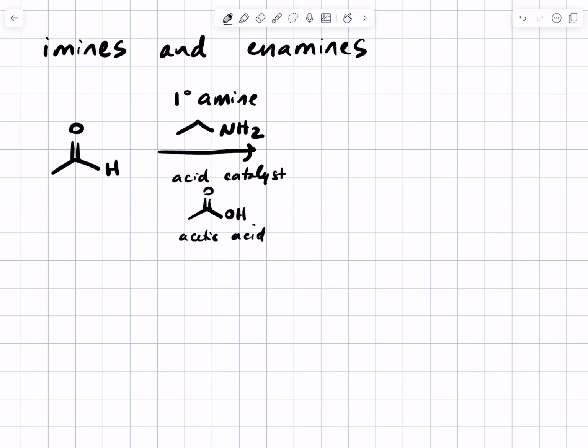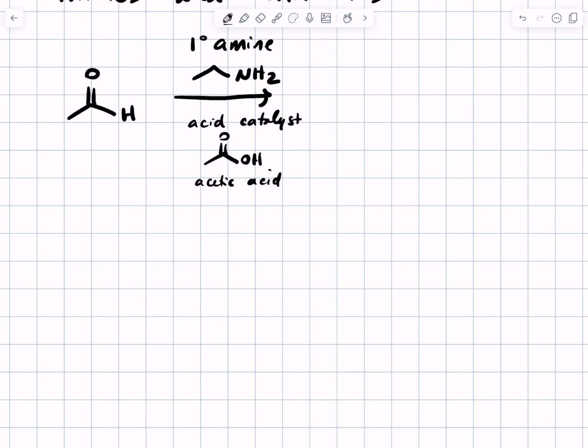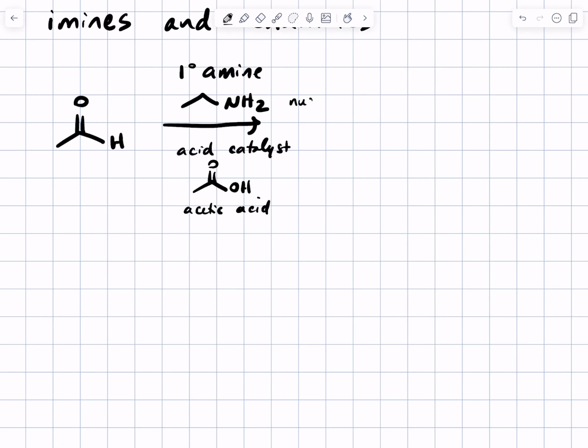I will try to draw one that makes the most sense under the most circumstances. There are mechanistic variations. Your nucleophile is the amine. Your aldehyde or ketone is the electrophile. And then the acid is the catalyst.